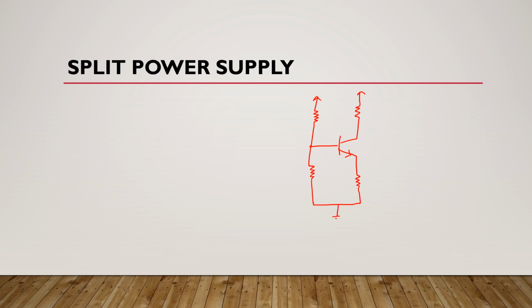These two are connected to ground. This is RE, this is RC. Here we have VCC, again here we have VCC. This is RB1, this is RB2.